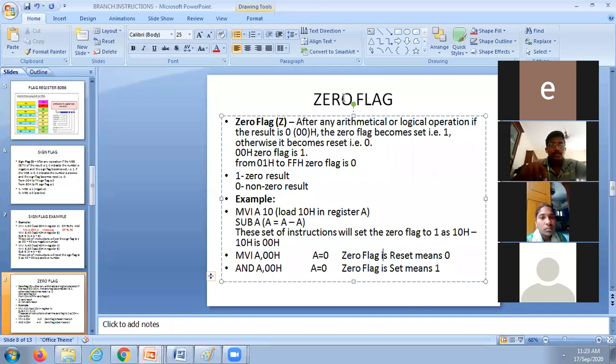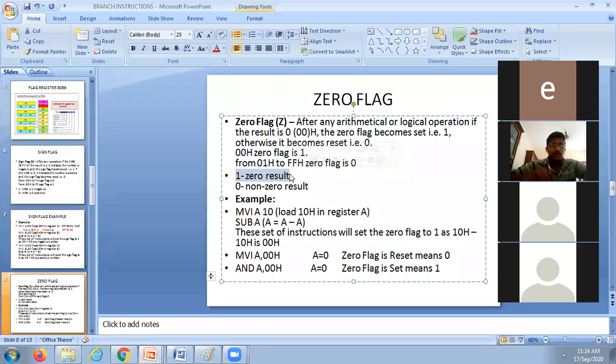This is the purpose of the zero flag. Now is it clear to all of you? When we perform an arithmetic or logical operation, if we get the result as 0, then the zero flag is set. That holds for all the flag bits, not only for the zero flag.